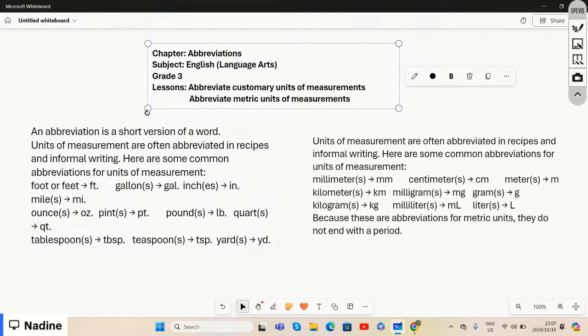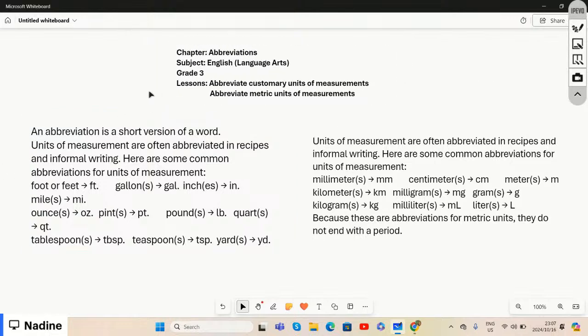That is going to be our chapter as well as our lessons for today.